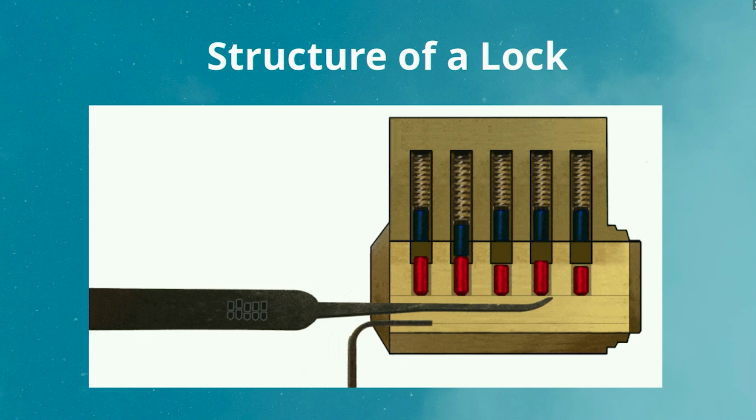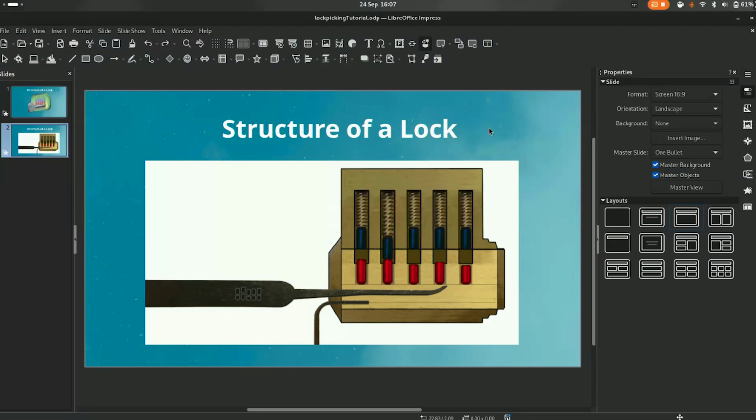You have this long tool called the pick, and that's what we slide and use to adjust the pins and emulate having a key. You move through step by step, just sliding things into place until they meet that dividing line. Then once they've met that dividing line, your other tool, called a tension bar, is used to rotate the lock. And there you go, open sesame.